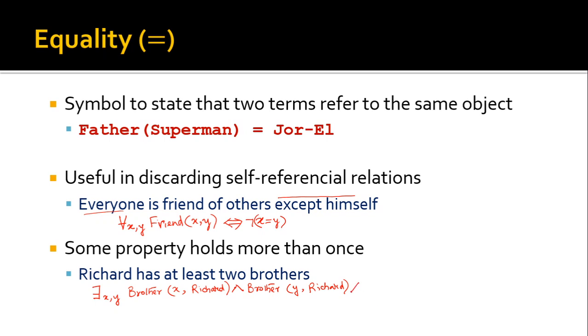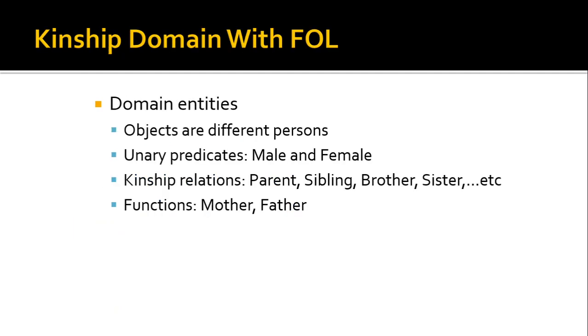In order to prevent that, you have to add another clause like X is not equal to Y. So if that is so, you can see that Richard has at least two brothers, right? So this is another situation where you might want to use the equality symbol.